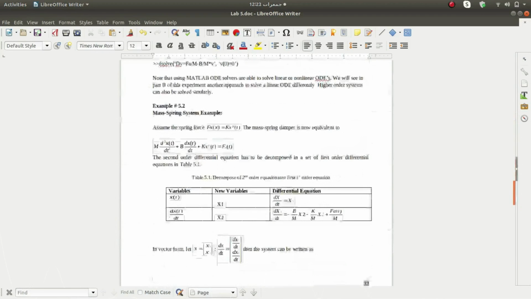So from equation 5.4, now we are solving a mass spring system, which is a second order differential equation. Here we use the substitution method to derive the equation for dx of t. So here we assume x of t equals to x1, which is our state variable, and x2 equals to the first derivative dx of t.